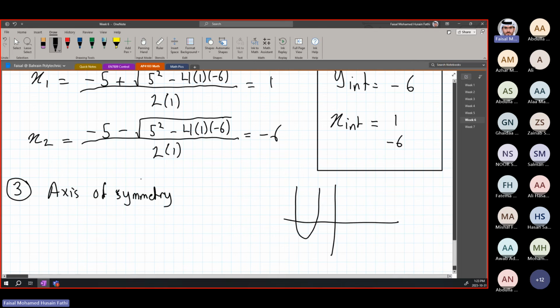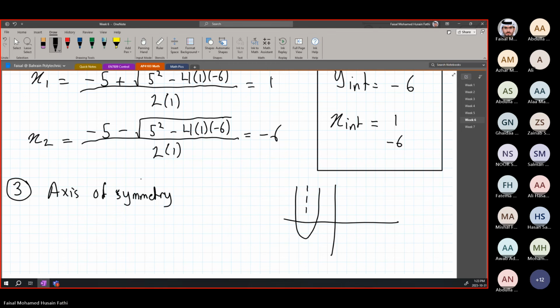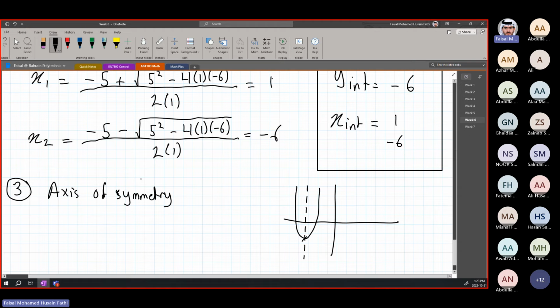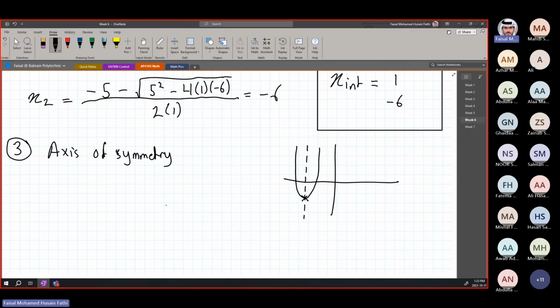The axis of symmetry is this line over here that goes right through the turning point, which we'll talk about. This is the turning point. So this is called the axis of symmetry. We need to find this so we know where the curve will be symmetric on both sides. What does symmetry mean? This side should look exactly the same on the opposite side. That's why it's called axis of symmetry.